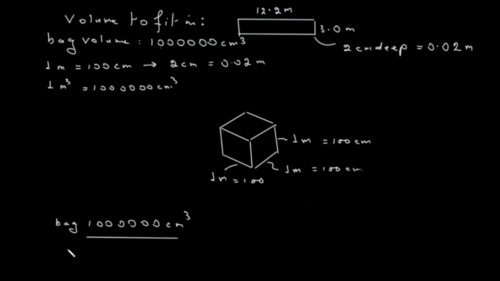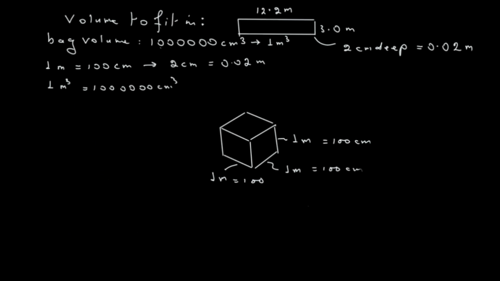So we have 1 cubic meter equals 1, 2, 3, 4, 5, 6. 1 cubic meter is that. So in fact, the bag that they sell, the bag volume, is indeed 1 cubic meter. Now we're in business.